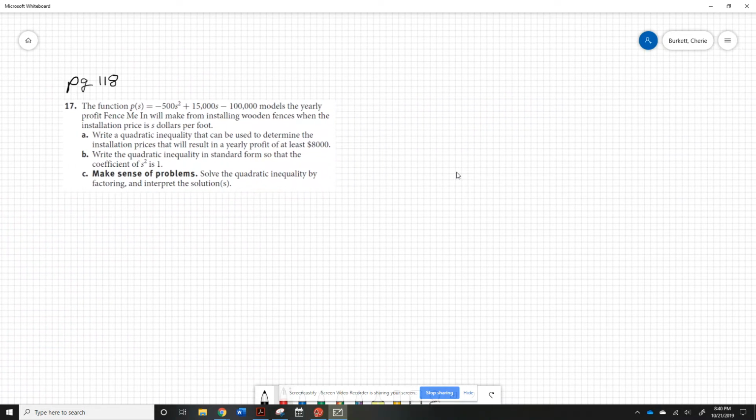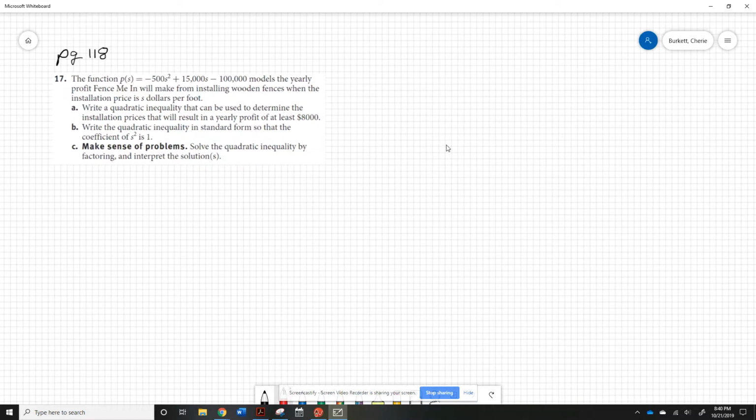Page 118. This is going to be the same exact thing, except this time we're dealing with the word at least. So part A says write a quadratic inequality that can be used to determine the installation price that results in a yearly profit of at least. So here's the problem. -500 S squared plus 15,000 S minus 100,000, and we want it to be at least 8,000.